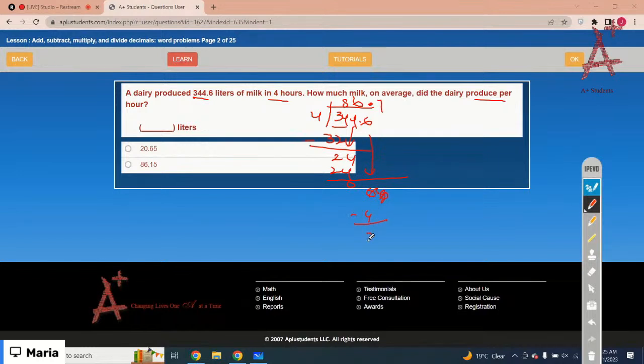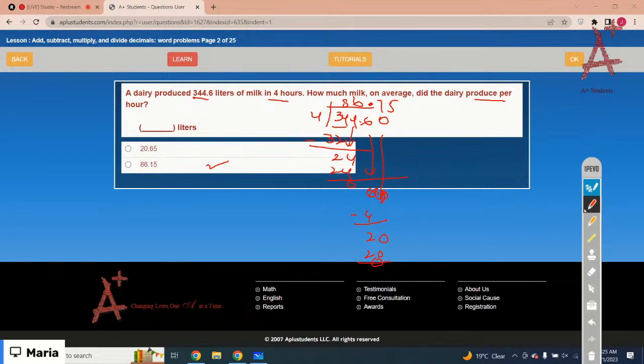So 6 take away 4 is 2. The next digit you have to bring down is 0. Just bring the 0 down. 4 times 5 makes 20. So the correct option is 86.15. So basically you have to divide, it would be 86.15. Got it?